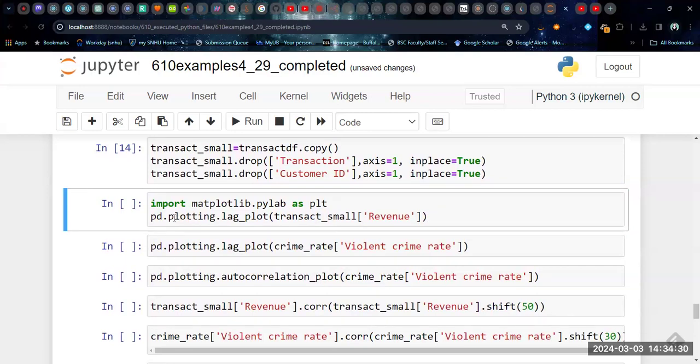Now, in this case, the next thing we're going to do is a lag plot. What a lag plot does is, if you have sequential data, it plots the correlations between consecutive values in your data set. One of the issues with time series data is that today's value is related to yesterday's value.